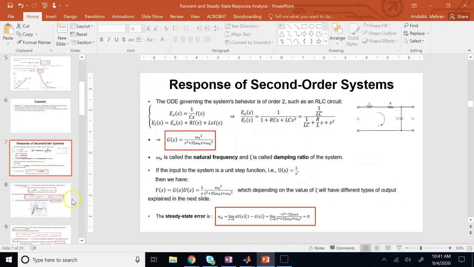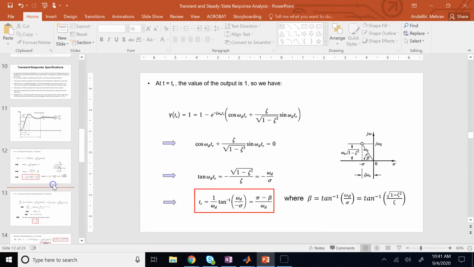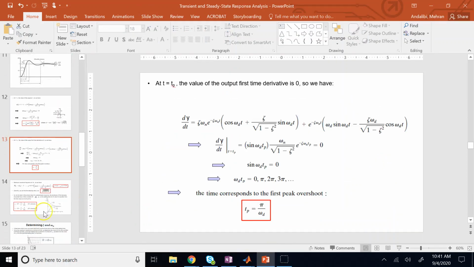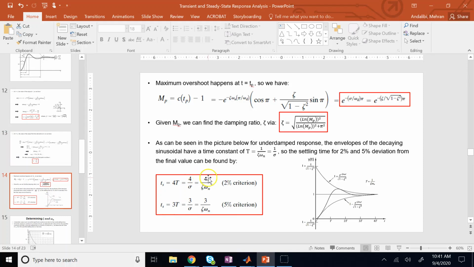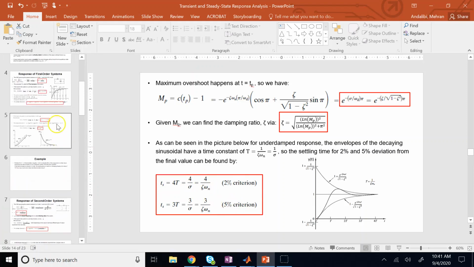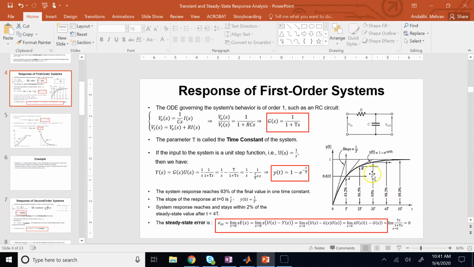And so 4 time constants, it took to reach more than 98%, or within 2% of the final value. So if I want to reach within 2% of the final value, I need 4 time constants, which is 4 over sigma or 4 over zeta omega n. If I want to be within 5%, again I go back and look at that graph: 5% is 3T. And if I want to reach within 1%, then I need 5T.